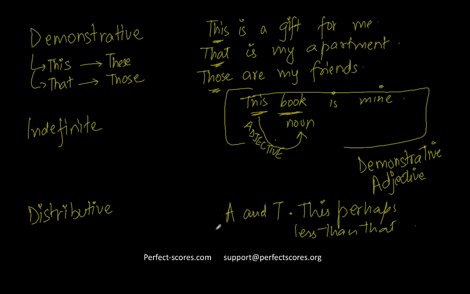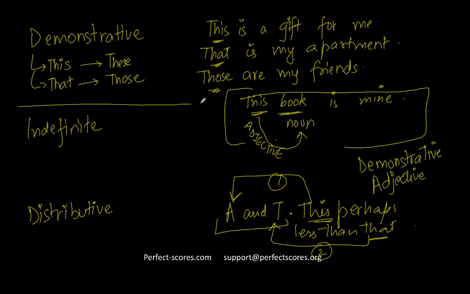So if you have two sentences, one mentions the alcohol first and then the tobacco, and the next sentence uses this and that, this will refer to the first one and that will refer to the second one. So this is again more like common sense. That is what we mean by demonstrative pronouns.